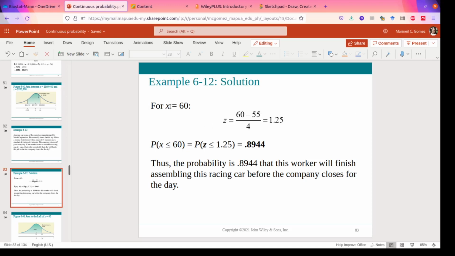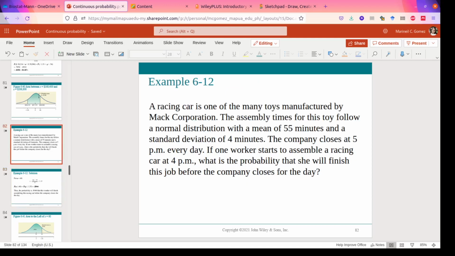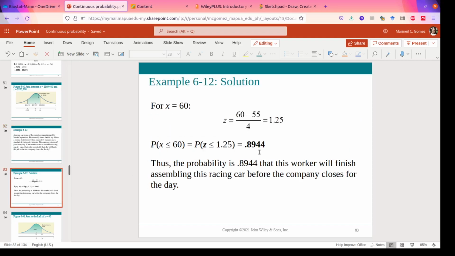Our x is 60, because again 1 hour is 60 minutes. Just get the z value applying the formula, and that's 1.25. So what's the probability that you will finish the job before the company closes? The probability here is the area beneath the curve from 1.25 to the left.